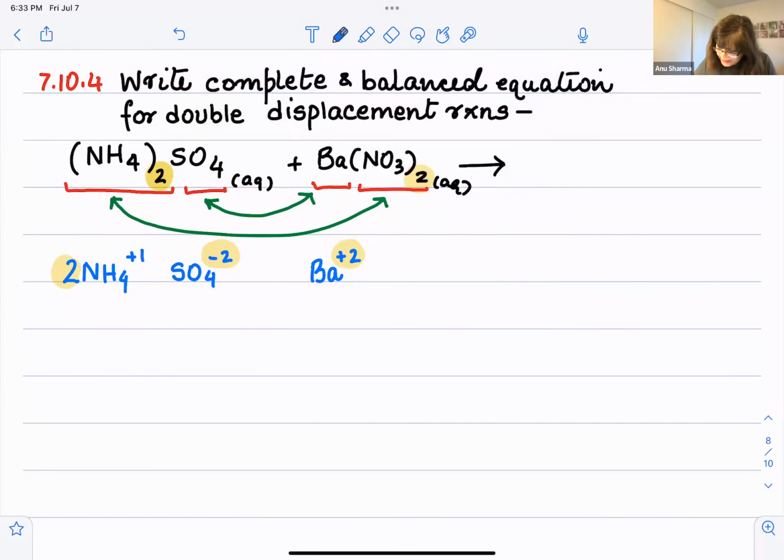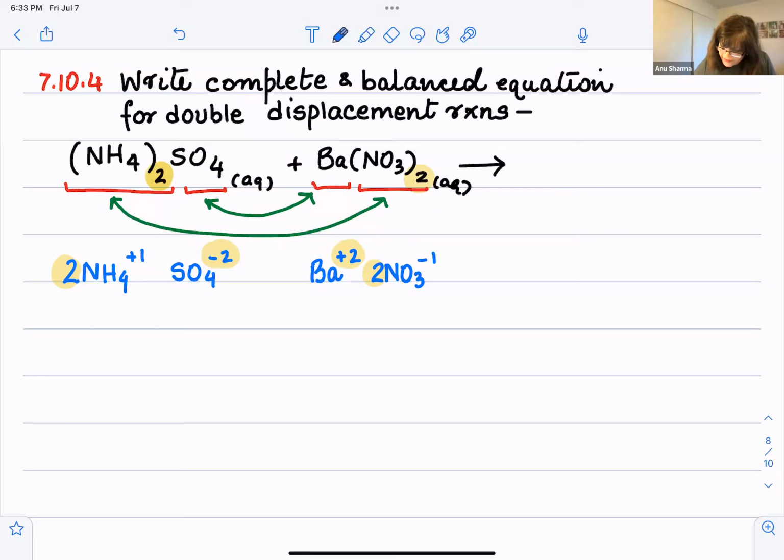Now we have barium +2 and nitrates are NO3 -1 always, but this 2 also means 2 nitrates. So this piece is that. So the 2 explains this relationship of the charges and the subscripts. So that's something you need to know.